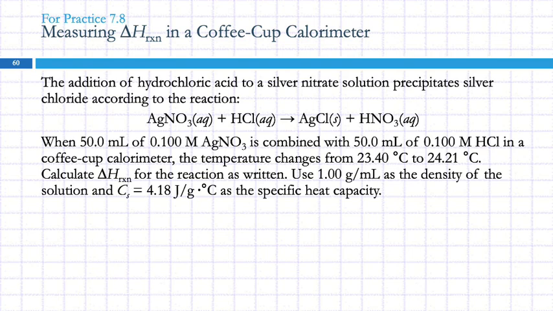That's a lot of words, right? So we read all the words. Now we're going to go back and highlight. Highlight these numbers. We've got a couple temperatures here. We've got a density, specific heat capacity.